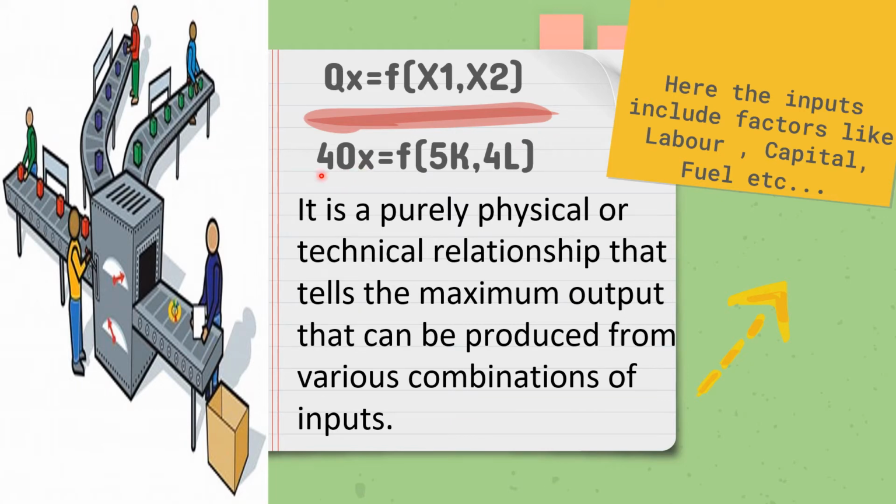So therefore we say the output is a function of the inputs. The output depends on the input. So there is a technical, technological or physical relationship definitely between input and output. X1 is the amount of one input, X2 is the amount of another input. Q is the amount of goods produced or amount of units produced.